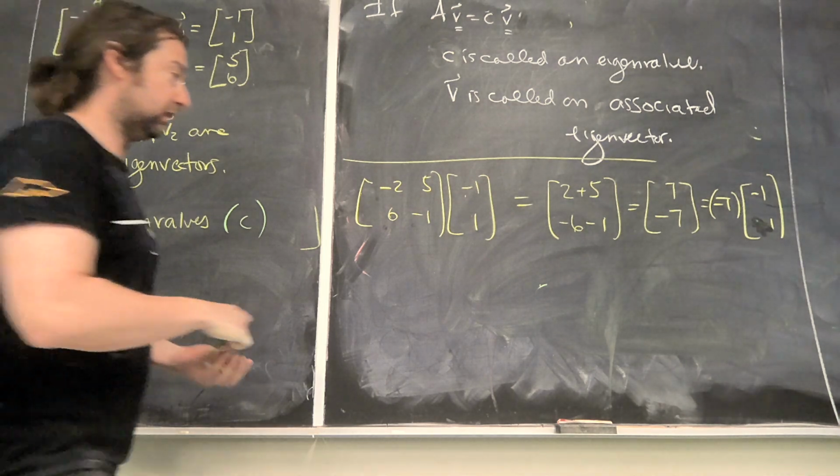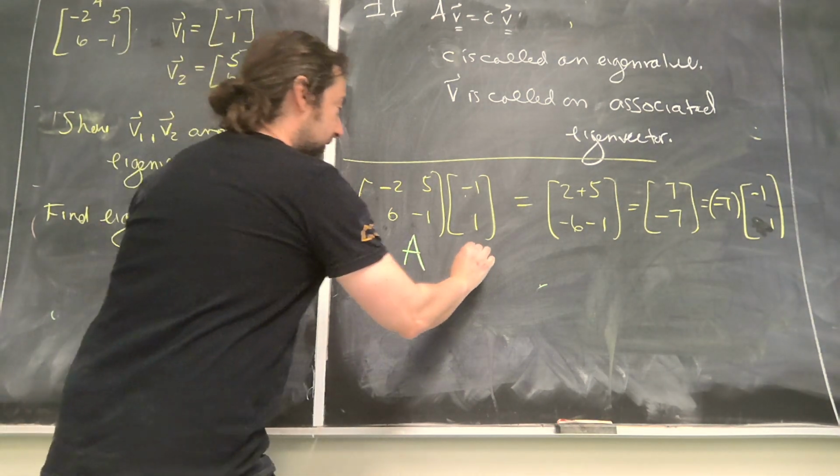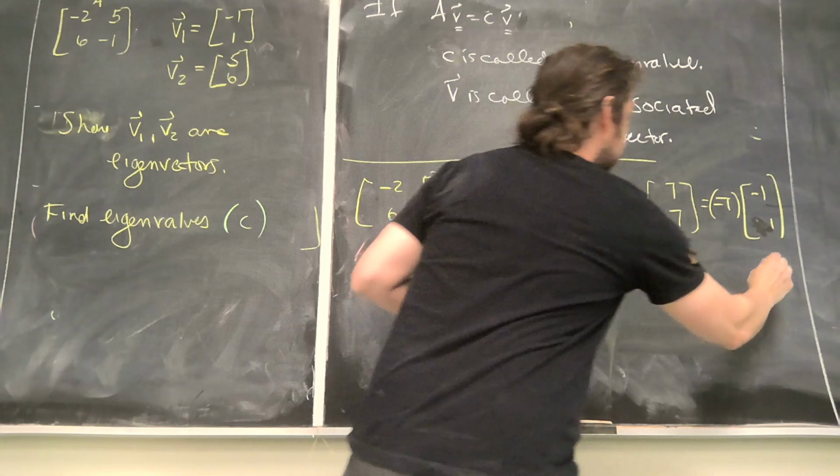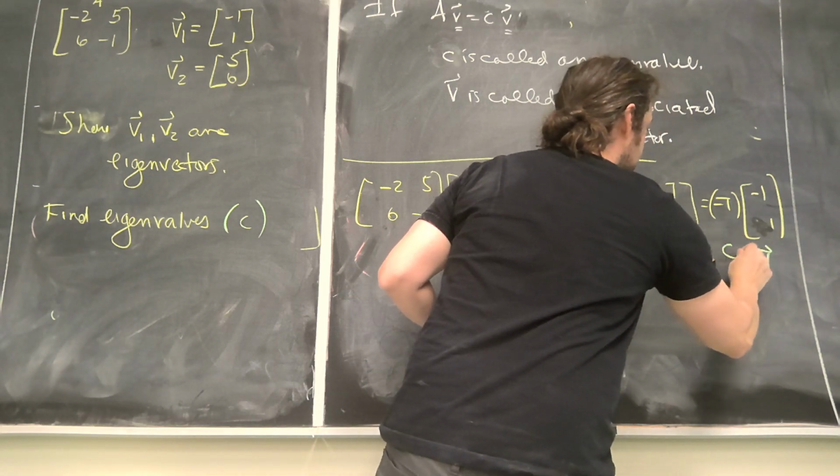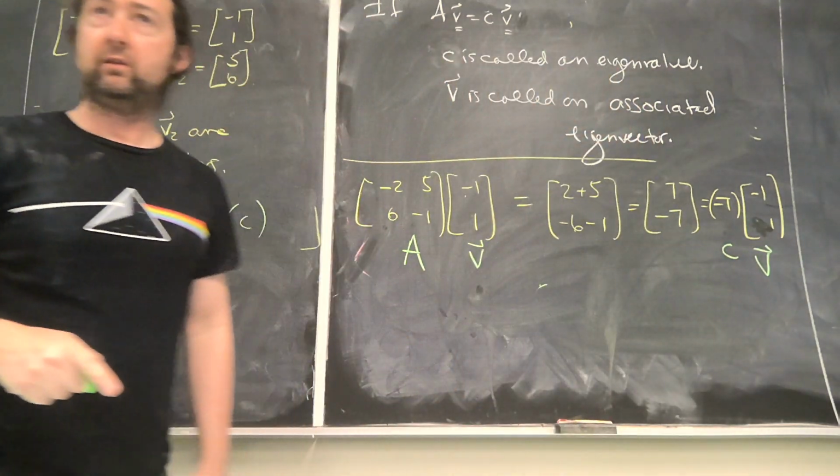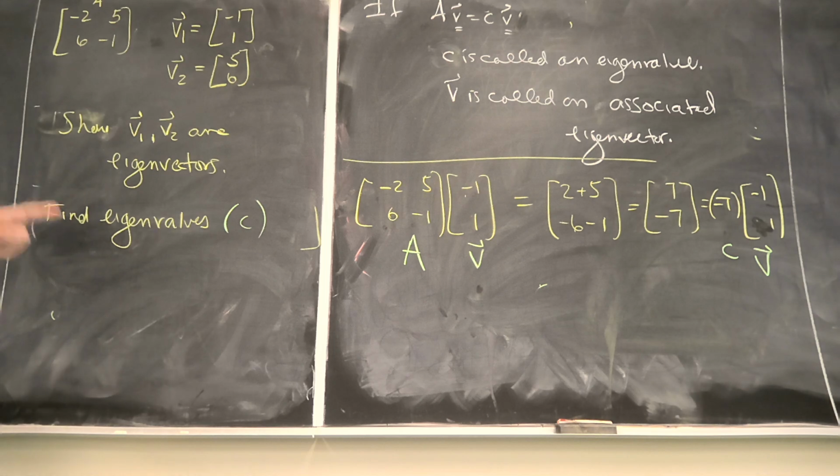So here, this is the matrix A, this is the vector V, this is the same vector V over here, and this was its scaling factor C. Because we've satisfied the equation A times V equals C times V, V is an eigenvector, and C is its eigenvalue.